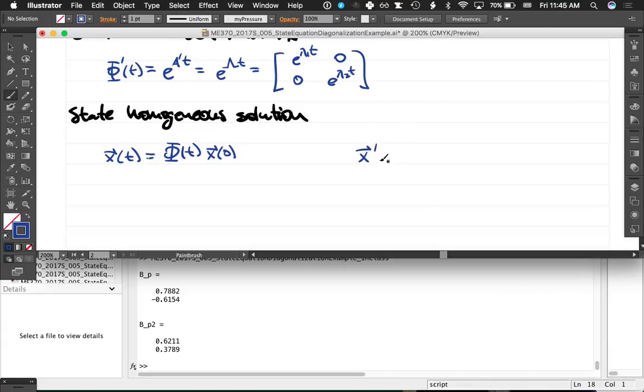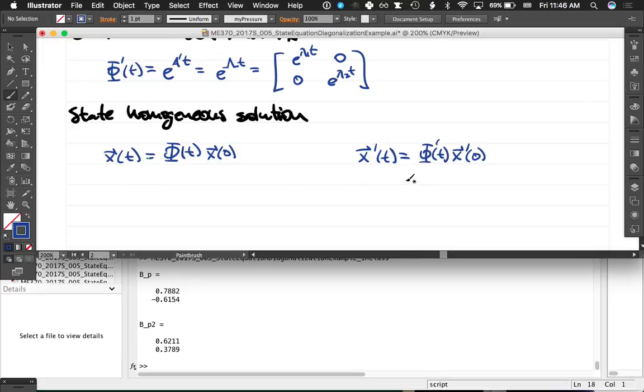X prime of t, we know, is equal to phi prime of t times x prime of 0, right? So one way to do this, I don't know, you could do it either way. Which way do you guys want to do it? I did it this way before. We'll do it this way.